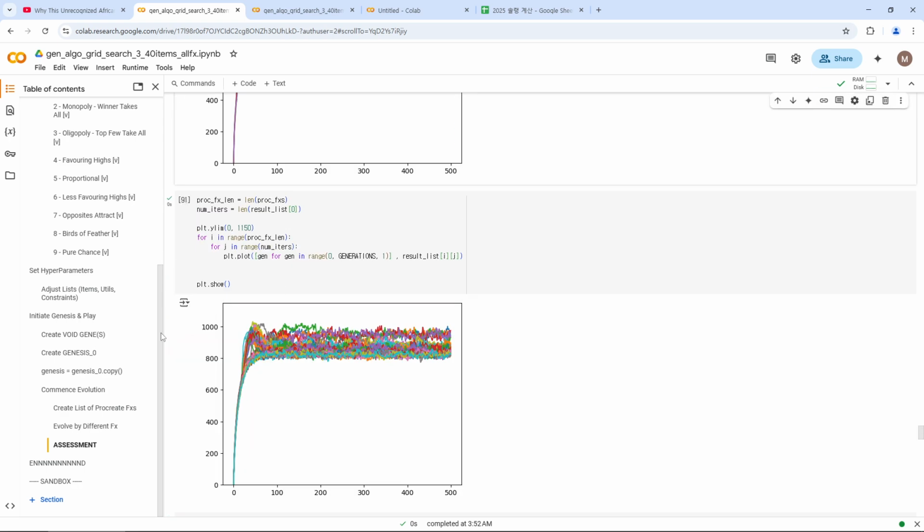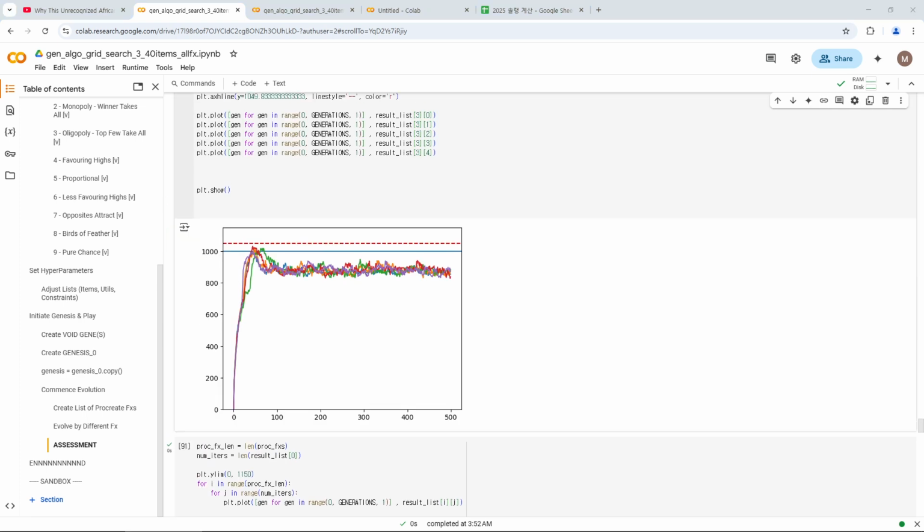So my next notebook is going to be about how I can actually combine the usage of these procreate functions, not rewrite the functions, but use them either in an alternating manner, or switch from one to the other only once or twice, or just pick a random function from the 10 functions to procreate for that generation.